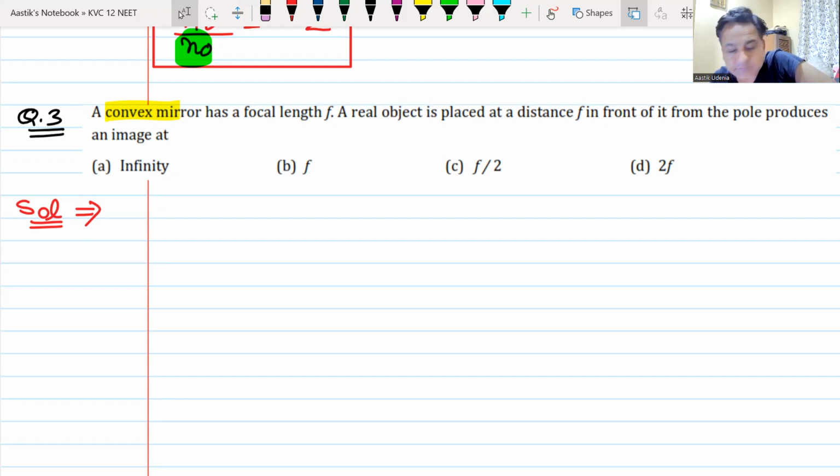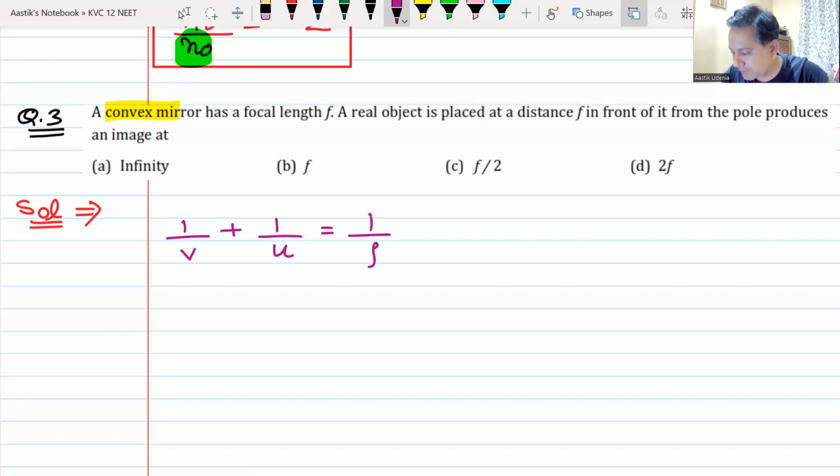Shall I do it? So how are you going to do this? I am going to apply the formula 1 by v plus 1 by u is equal to 1 by f.